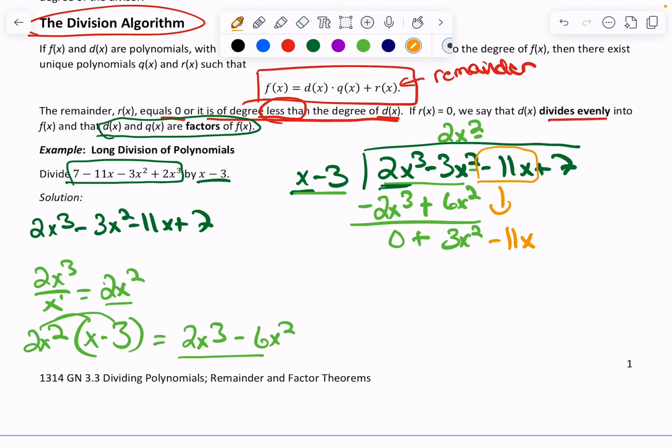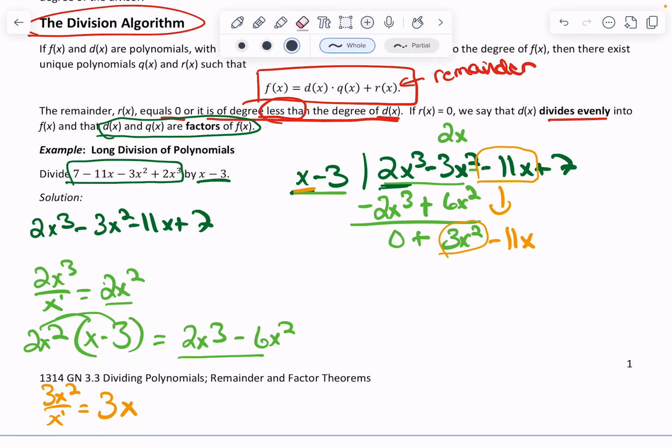So what we're going to do now is look at the 3x squared here and the x. So 3x squared divided by x is going to be 3x. This is 2x squared.